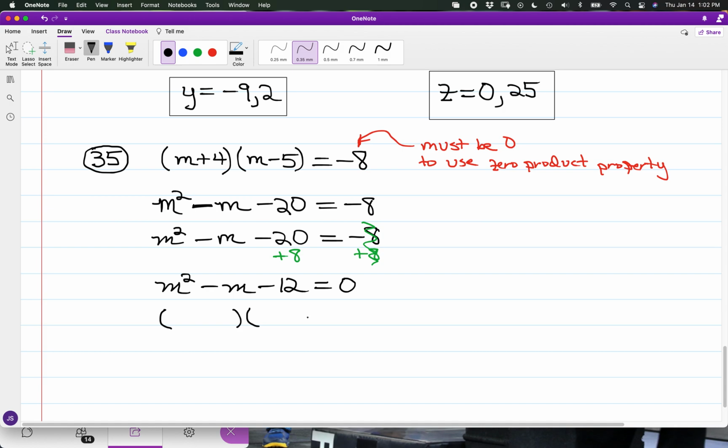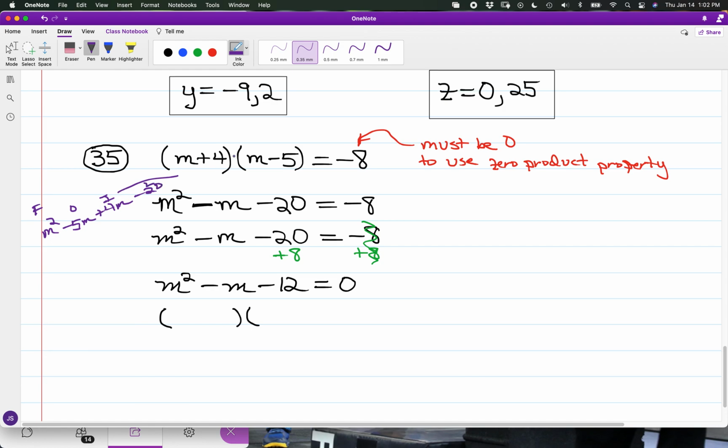Question? How did you get the second negative then? Okay, what I did, I'll mention. If I were to FOIL out, you have m to the second, so you have your first. You have minus 5m as your outside, and you have plus 4m. And then you have plus 4 times negative 5, so that's minus 20.